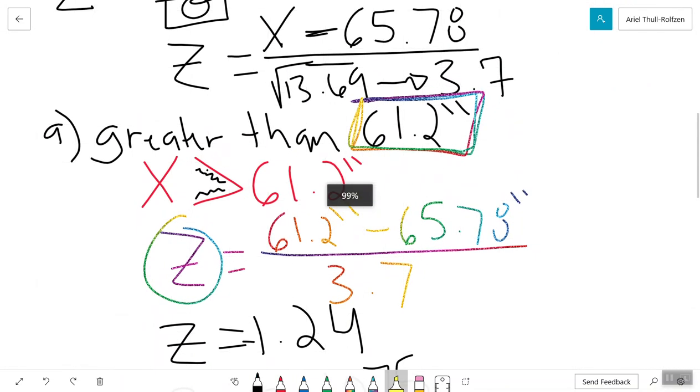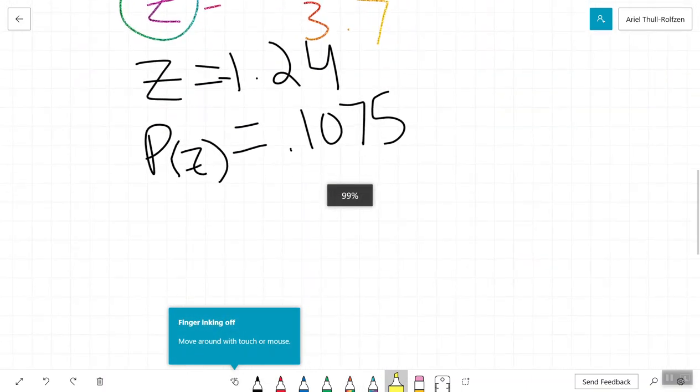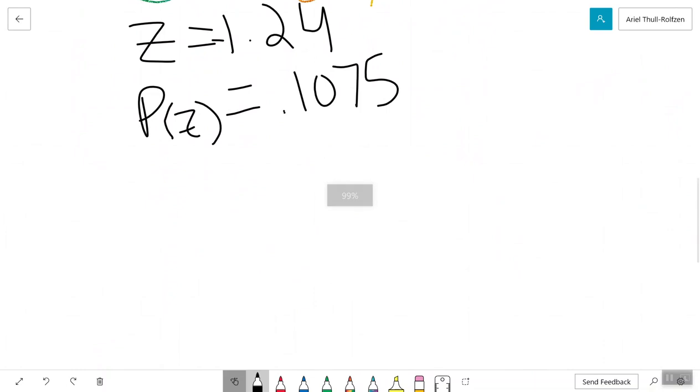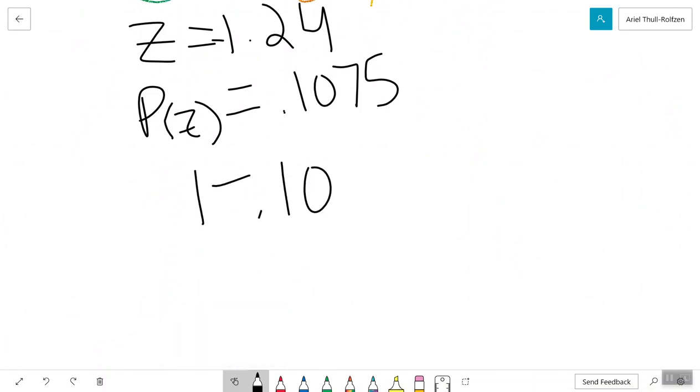So any time that it says greater than, we're going to have to subtract our end probability from 1. 1 minus 0.1075. And that's going to give us 0.8925.